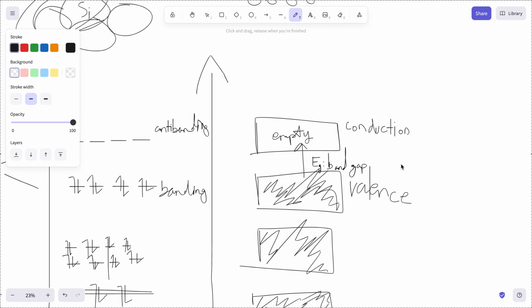And so these antibonding and bonding molecular orbitals, when we see them on a macroscopic scale, form the conduction band and the valence band, which is what we're talking about here. And the space between them, or the energy it takes to go from the valence to the conduction band, from valence electrons to free electrons, that space is called the band gap.